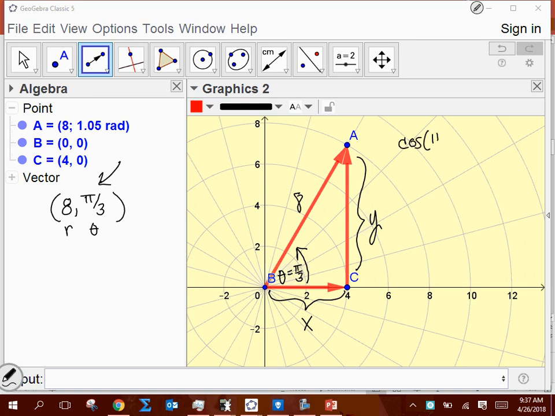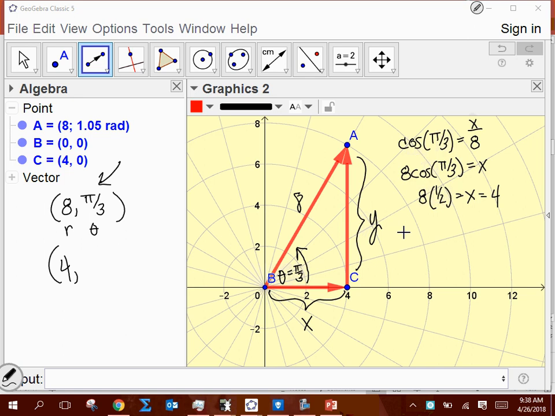Cosine of theta, which is pi over 3, should equal X over 8, shouldn't it? Adjacent divided by hypotenuse. Can I multiply both sides by 8? And now what is cosine of pi over 3? It's a half. Does X equal 4? Does that make sense? Okay.